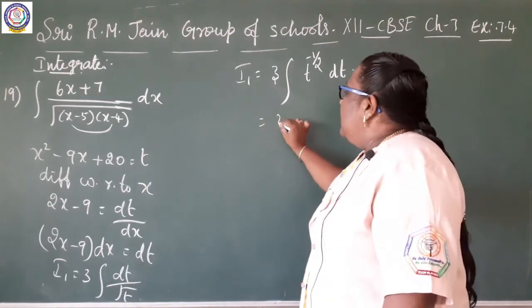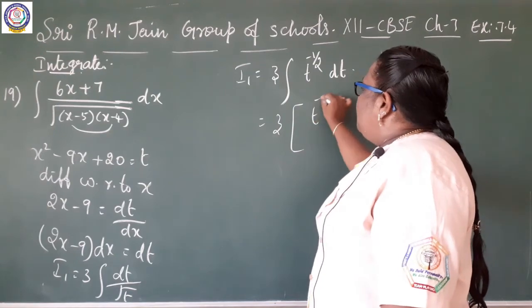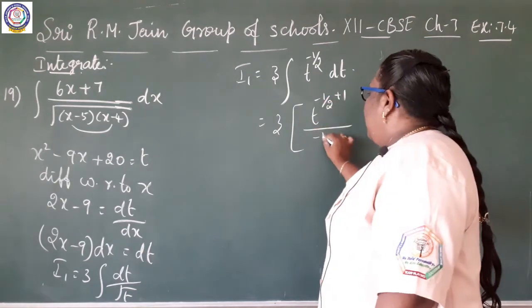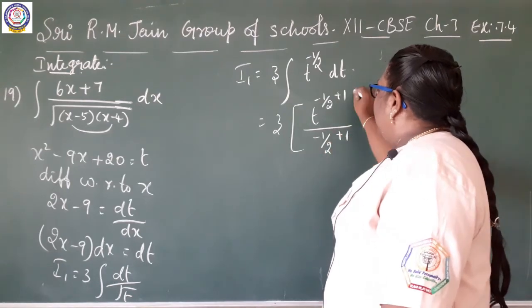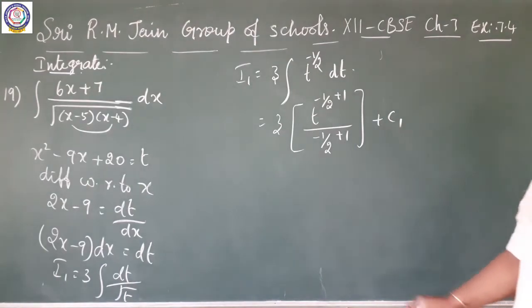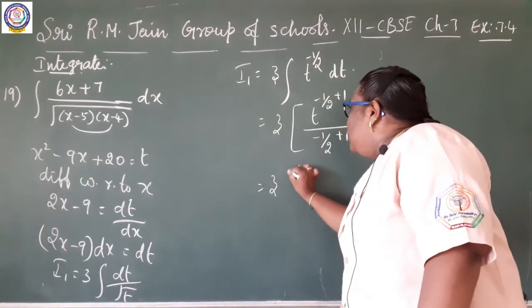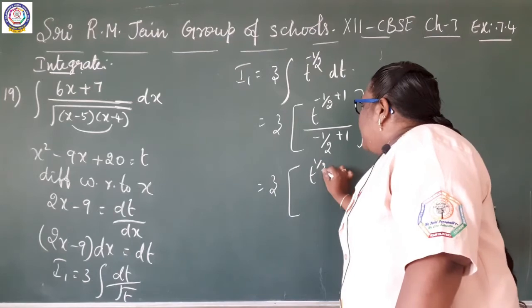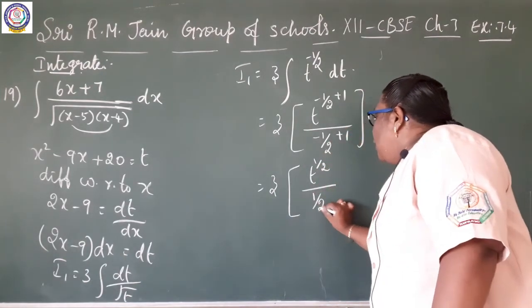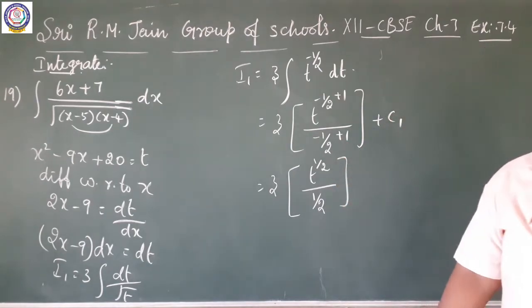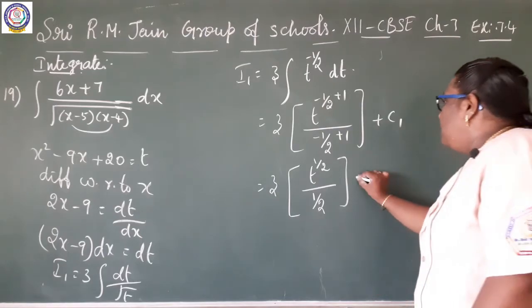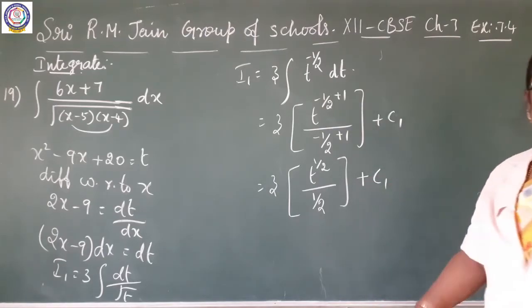So it gives 3 into t power (minus 1 by 2 plus 1) by (minus 1 by 2 plus 1), plus C1. So 3 into t power 1 by 2 by 1 by 2, plus C1.